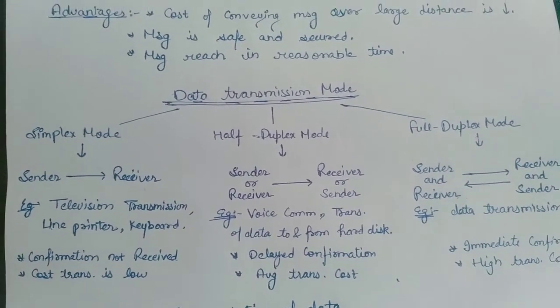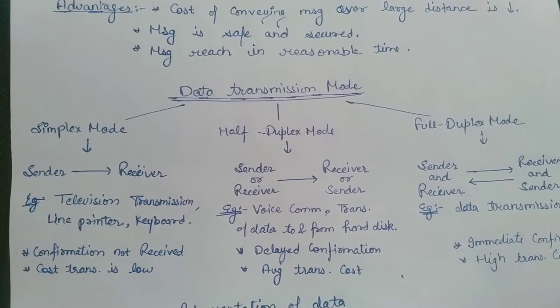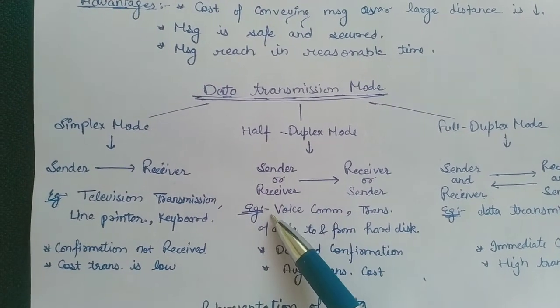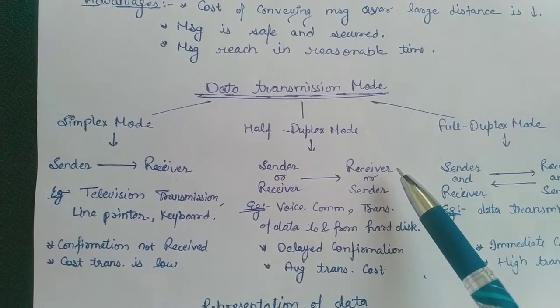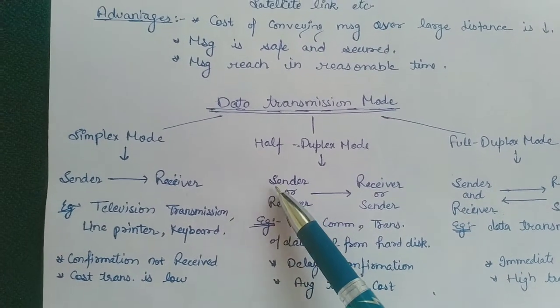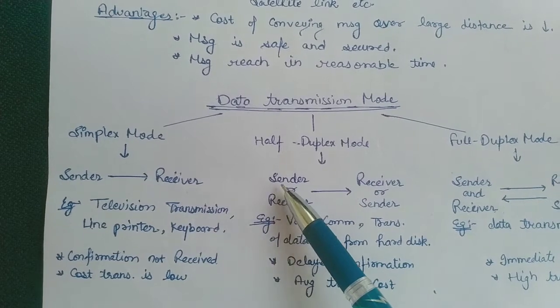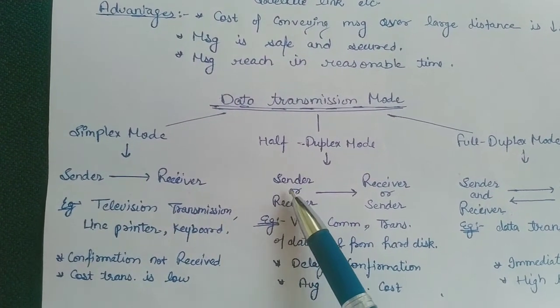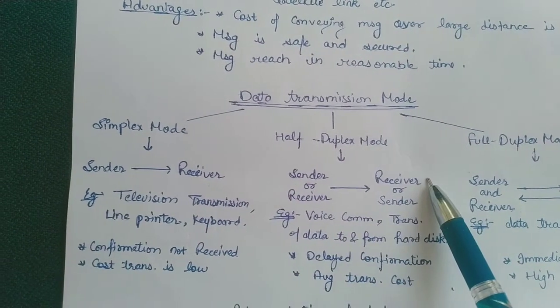So if you move towards the half duplex mode, in the half duplex mode, one node acts as sender or receiver, and the other node can also act as a sender or receiver. Here, if the left hand side acts as a sender, then the right hand side will act as a receiver. This portion sends the data and this one receives the data.